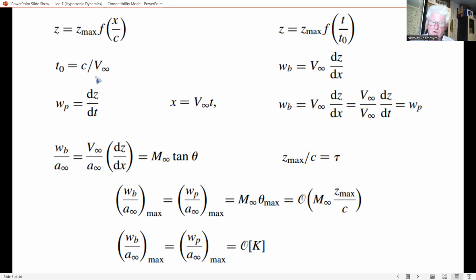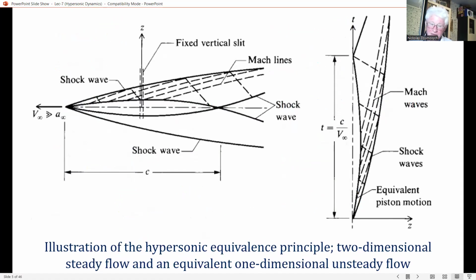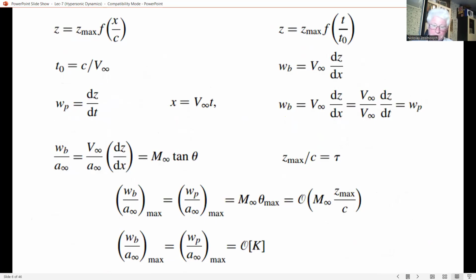Also, in the steady flow picture shown at the left, we have W_B, the value of the vertical component of the flow velocity on the body surface, where the slope of the body is dz over dx. So the slope of the body is this expression, dz over dx.